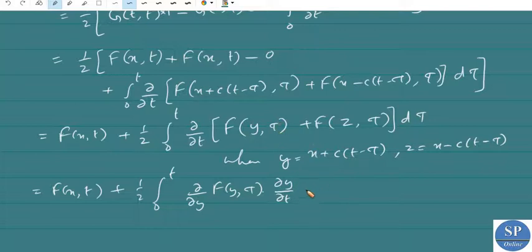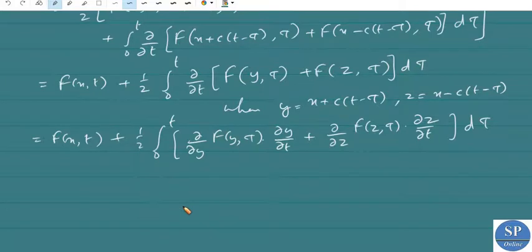Now plus here we have ∂/∂z of f(z, τ) into ∂z/∂t, plus ∂/∂τ of f into ∂τ/∂t, that is also 0, into dτ.